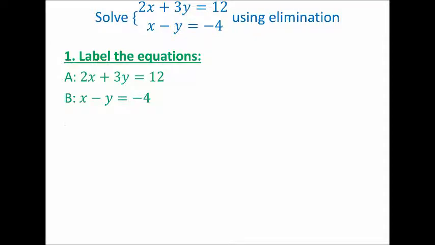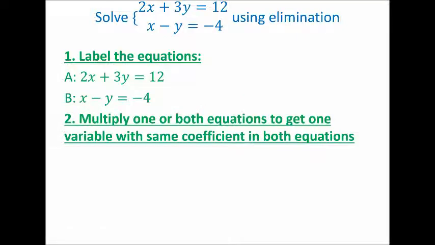So what step 2 is, it's a little bit tedious. We multiply one or perhaps both equations to get one variable with the same coefficient in both equations. Now it doesn't matter which variable you pick, so I'll show both options here and you can proceed whichever way you choose. So the first option is to have both of the x's have a 2 in front, which would mean I multiply equation B by 2.